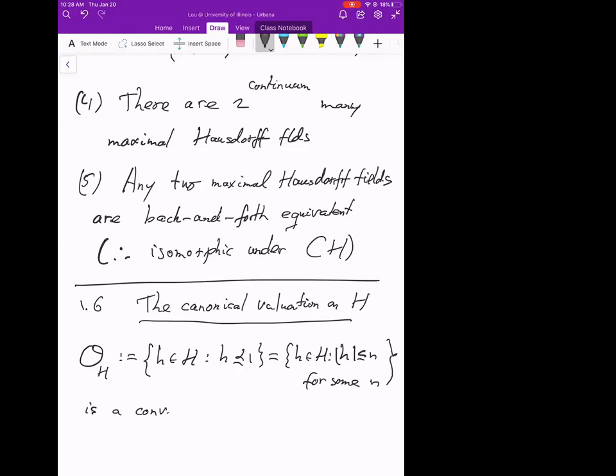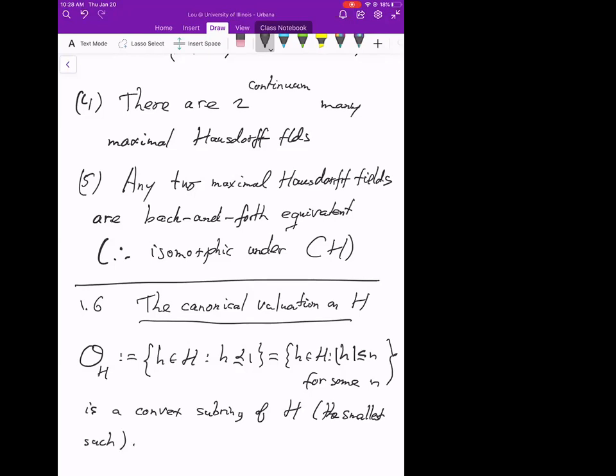It's a convex subring of H, and the smallest such. Because once you have the integers in your ring, then of course, if you take the convex hull of it, you get O_H, the smallest such.